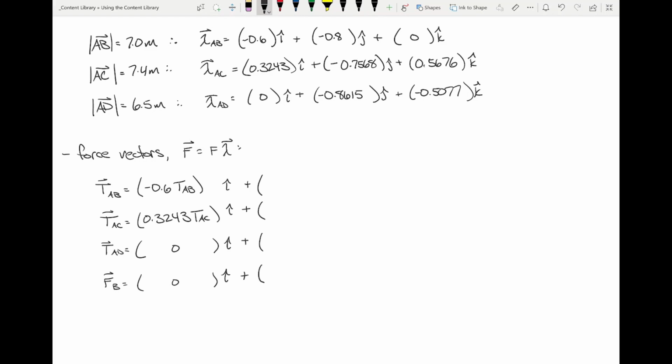So we'll do these. So these are all negative. That's TAC. And then this one is going to be 800 newtons.